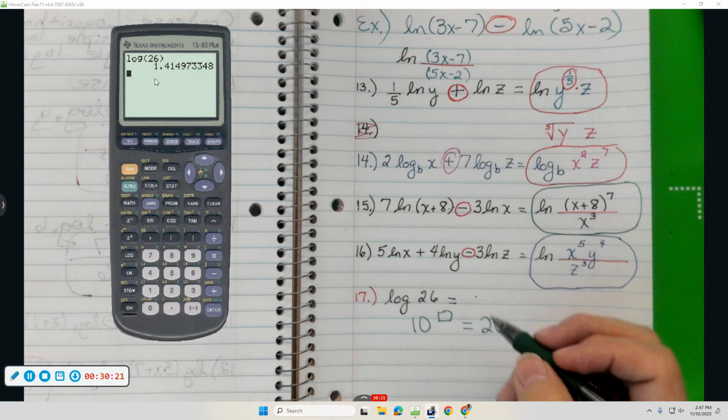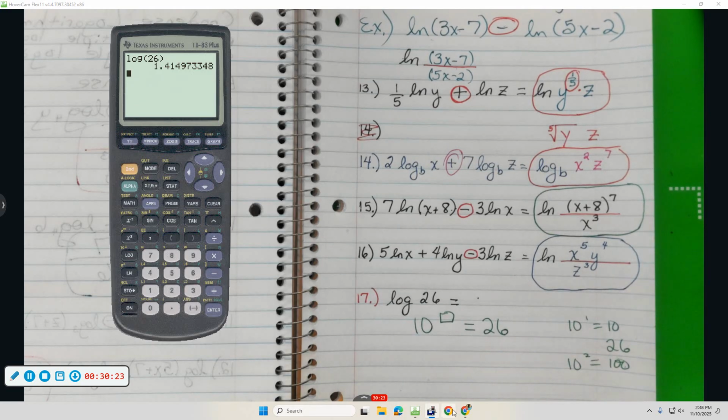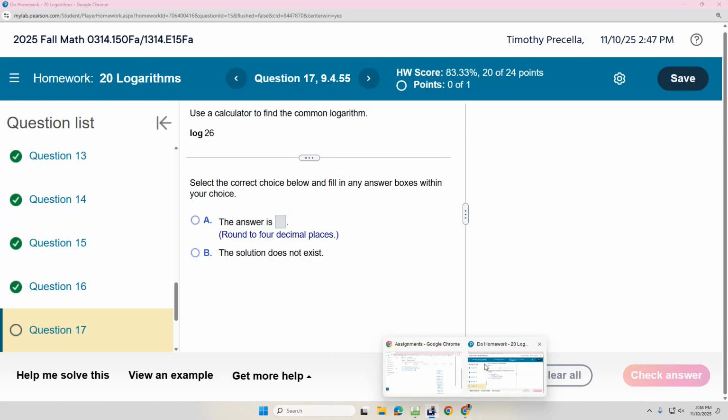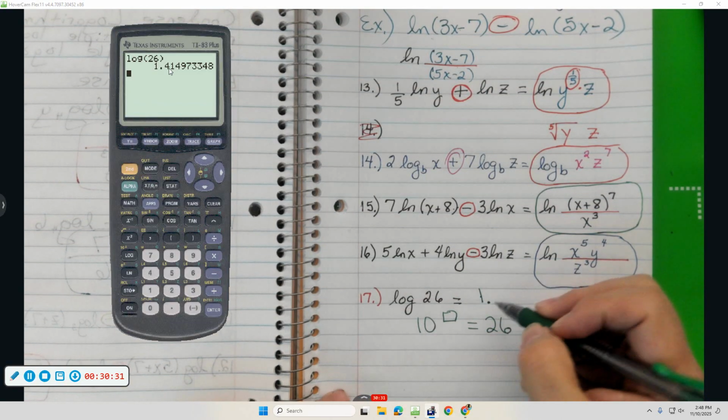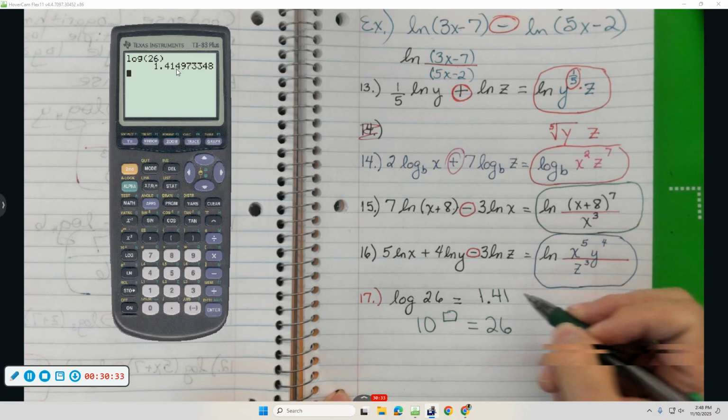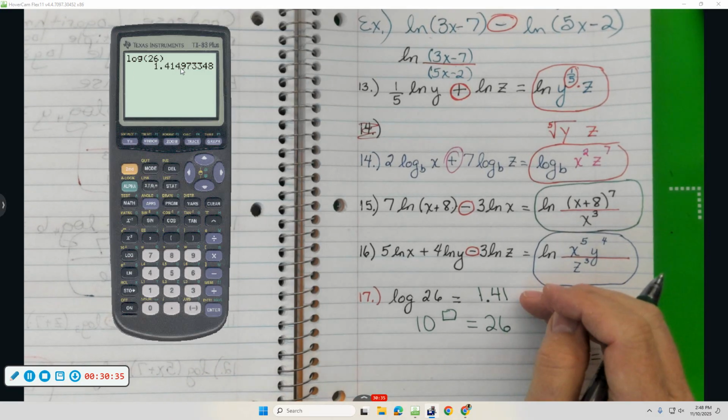They want it rounded to 4 decimal places, by the way. Round to 4 decimal places. 1.41. Oh, wait a minute. Now it's going 49. We're rounding to 4 decimal places, so look at that 7 after 4 places.